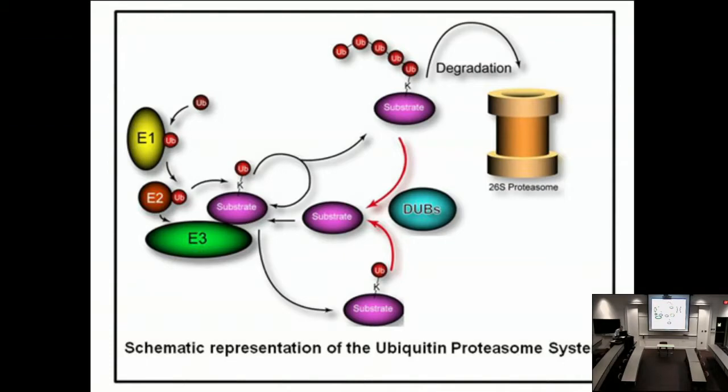In general, the cell normally recognizes these types of proteins as being foreign, and it'll go through this ubiquitin proteasome process, wherein a bunch of ubiquitin molecules are placed onto this foreign substrate. That basically makes it so that the cell recognizes that it's foreign and needs to be degraded by a proteasome.